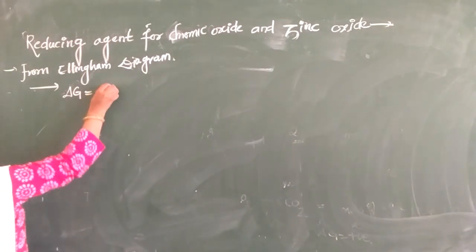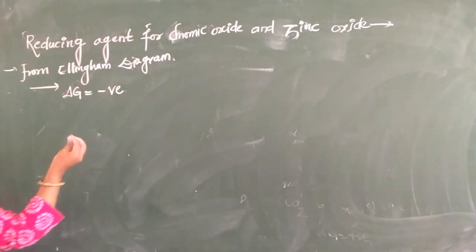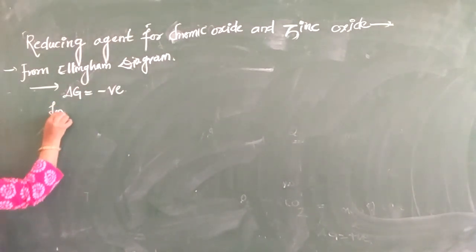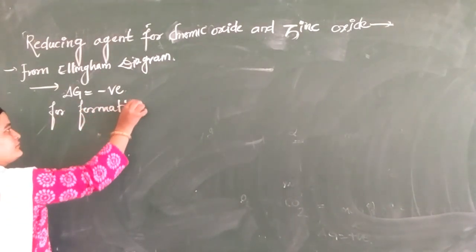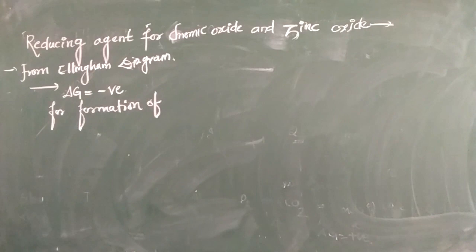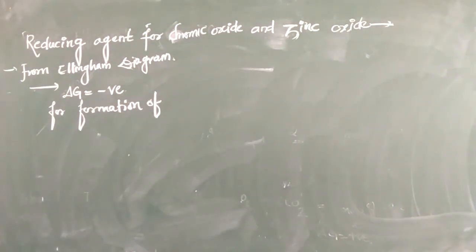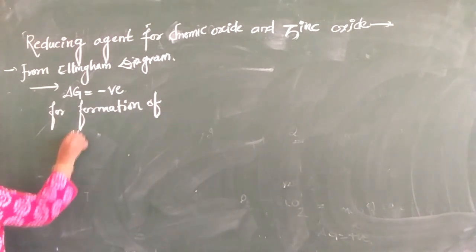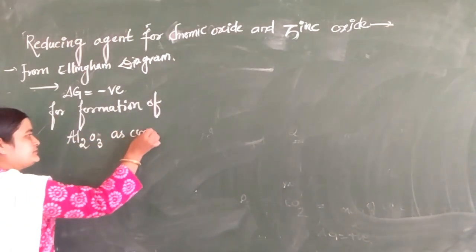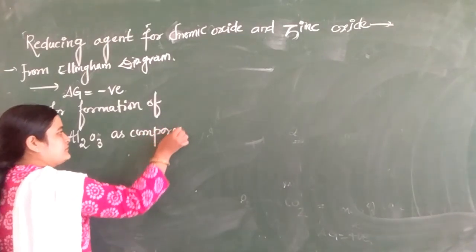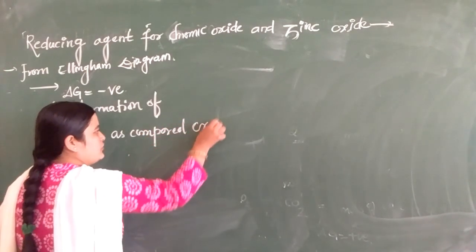The delta G value is more negative for the formation of aluminium oxide, Al2O3, as compared to Cr2O3.